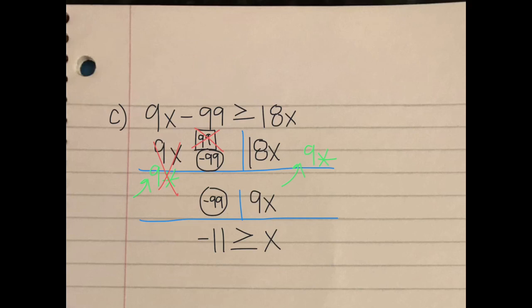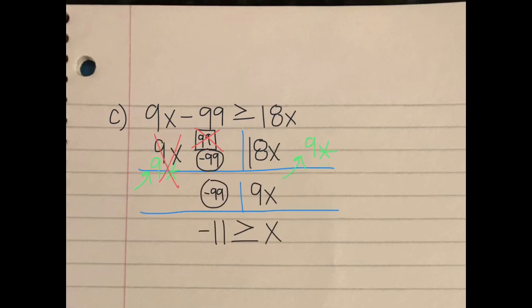Here's where things get a little different. It is harder to read for a lot of people what this looks like on the number line. So a lot of times it's easier to turn it around and have the x come first. If you decide to write this with x first, you have to notice that at this point, the pointy part of your inequality symbol is by the x.